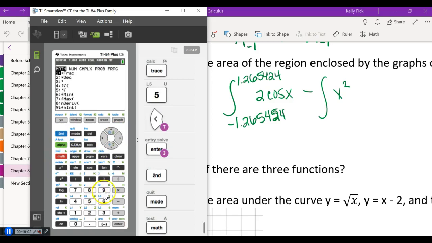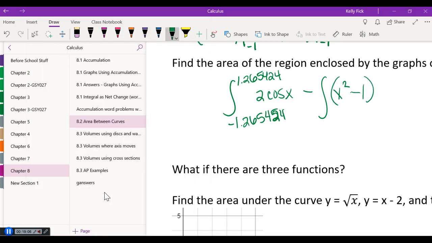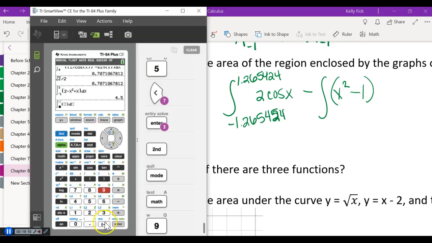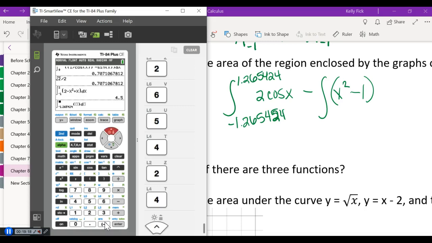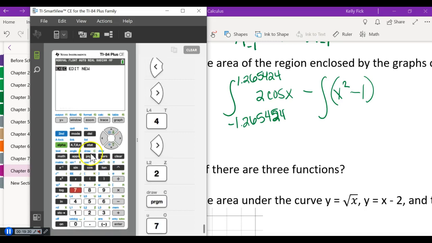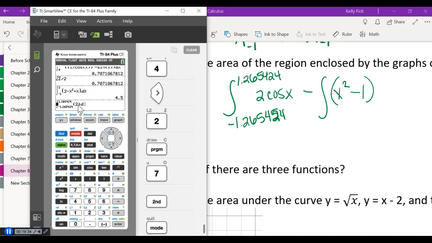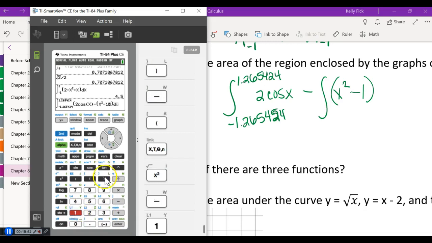I'd hit math, int, and I would integrate from negative 1.26544 to positive 1.26544. 2 cosine of x minus, and then this x squared minus 1 has to go in parentheses.